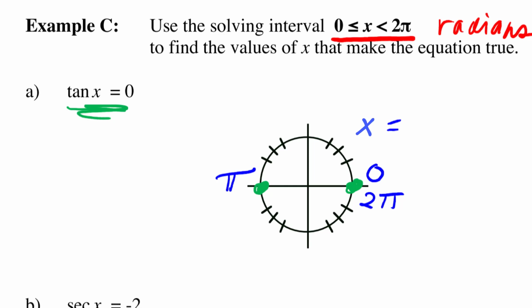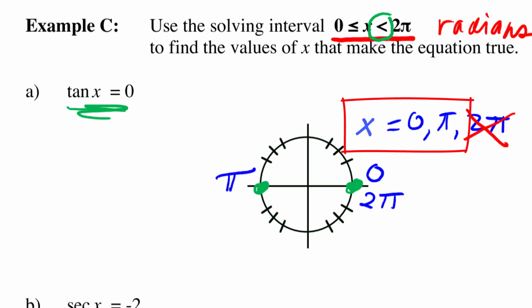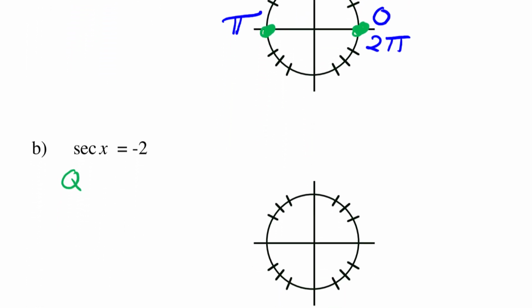So we can say that x is 0 and pi and 2 pi. Except, notice that x is less than 2 pi, not equal to 2 pi. So we actually can't consider 2 pi as one of the solutions. So really we have only two solutions, 0 and pi.